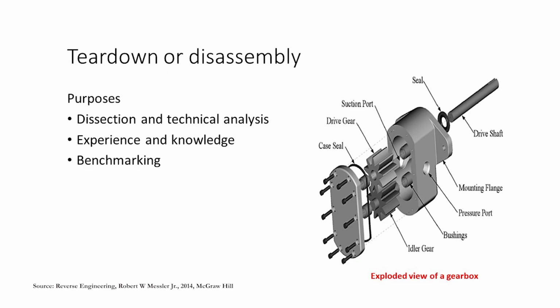So, a key step in reverse engineering is tearing down the original product or disassembling it. Here you can see a gearbox, and this gearbox has been shown with all of its parts separately shown. This is known as an exploded view.